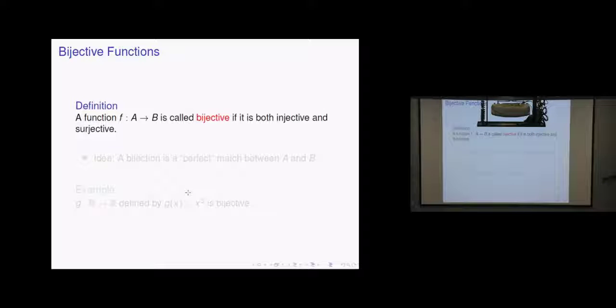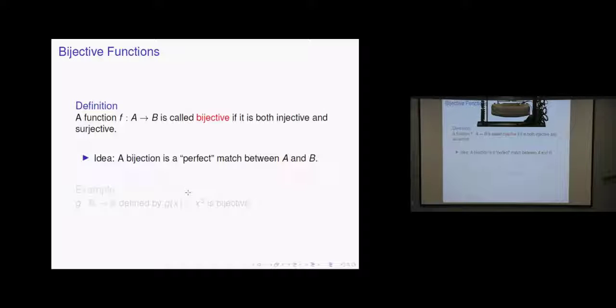So the last concept of today is bijection, which is both injective and surjective. The definition: a function f from A to B is called bijective if it is both injective and surjective. Well, the vague idea is a bijection is a perfect matching.